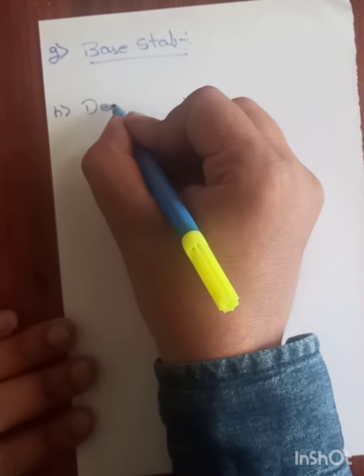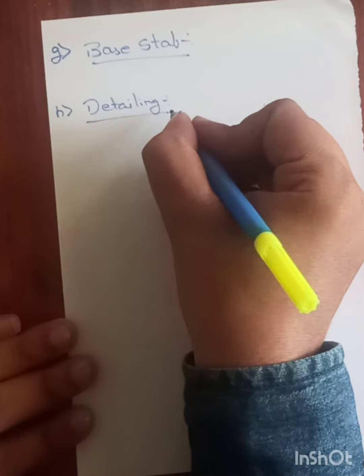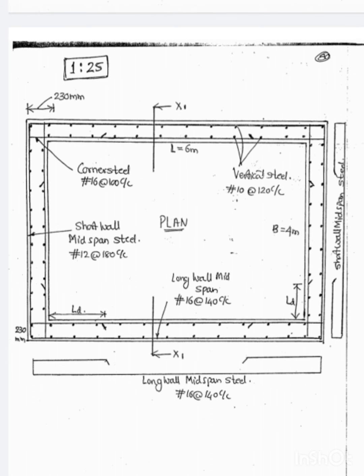Next, detailing. So now we need to provide the reinforcement here. You can have a look over this figure. Although the reinforcement is different here, in the same way you need to provide the reinforcement. For long wall, horizontal steel and vertical steel.